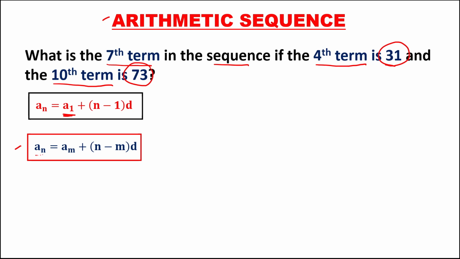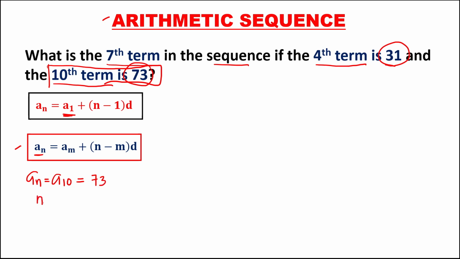this a sub n is the last term. Since from this given, the last term is the 10th term, therefore a sub n is equal to a sub 10. So that's the 10th term, and the value for the 10th term is 73.